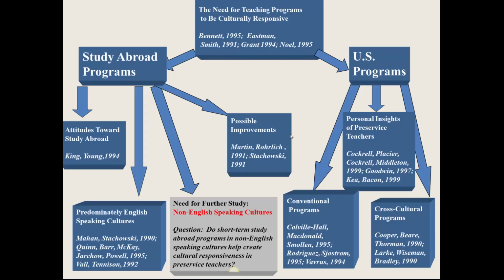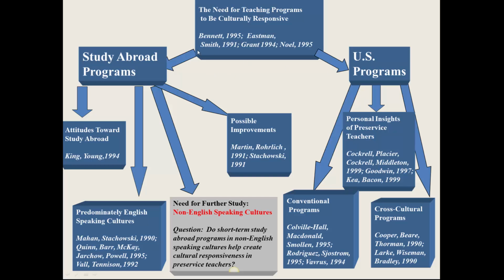For example, here is a research about programs that are supposed to be culturally responsive. So you want to do a research under this general topic. You go to the literature, you see, okay, there are two types of research. One that has been done inside USA, and then there are some studies that have been done on students who take a course abroad to learn about the culture of that country.